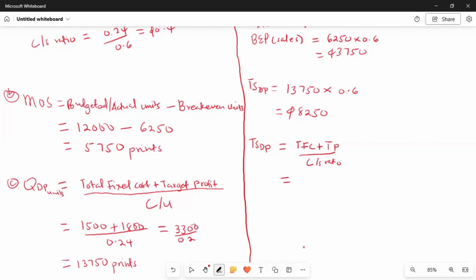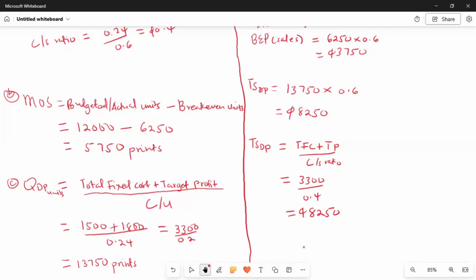So 100, which gets 3,300, sorry. Our contribution sales ratio is 0.4. When you divide this, you have to get 8,000.